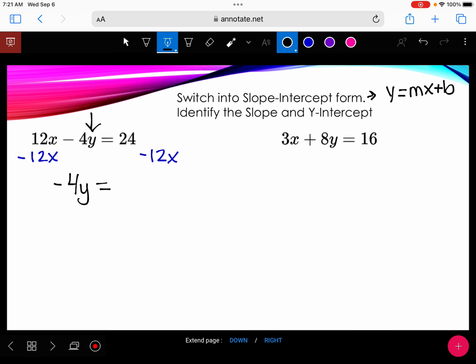Can I combine the 24 and the 12x into one thing? So I'm going to put them next to each other. We generally like to have our x's in front of the just numbers, so I'm going to flip their spots. We're going to have minus 12x plus 24. We want to have the x's on the left-hand side so that we're mx plus b.